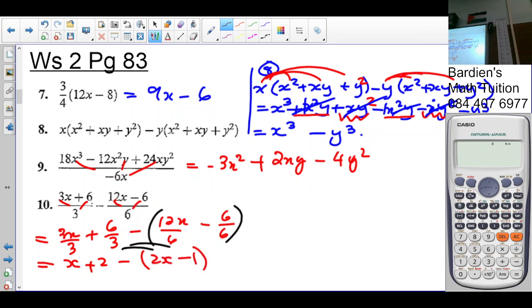Now we get rid of the brackets. So it's x plus 2 minus 2x plus 1. Can you see that, people? So you got x minus 2x. What's x minus 2x? Minus x. Not so? What is 2 plus 1?